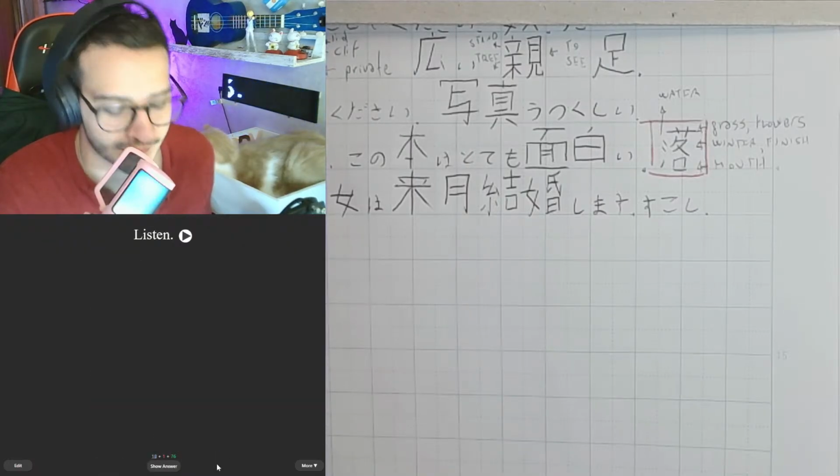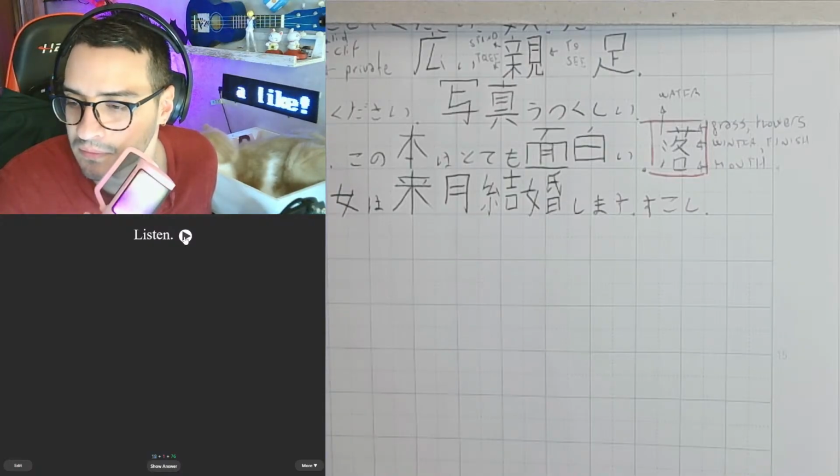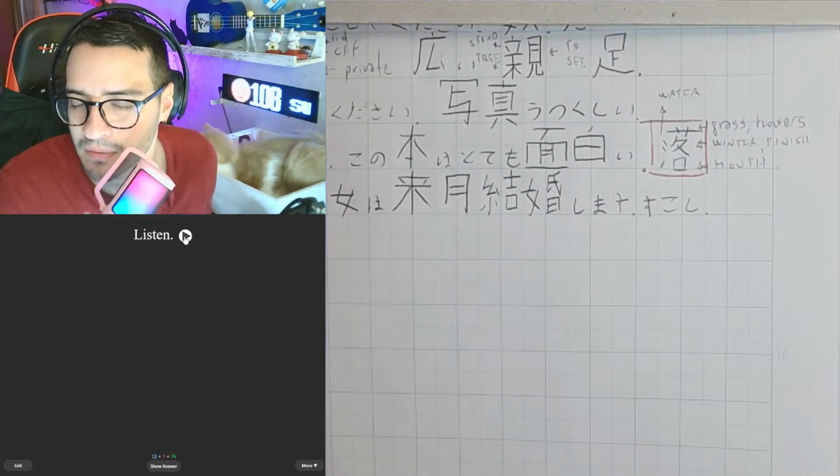Easy. 猿も木から落ちる. New flashcard. 猿も木から落ちる.